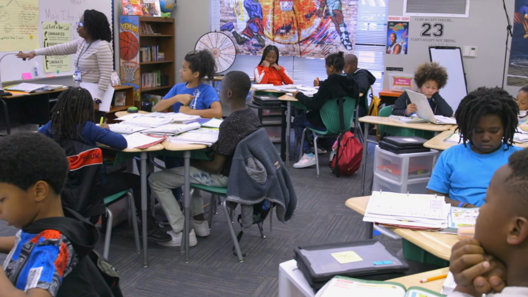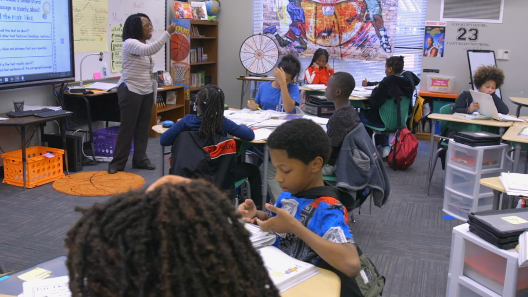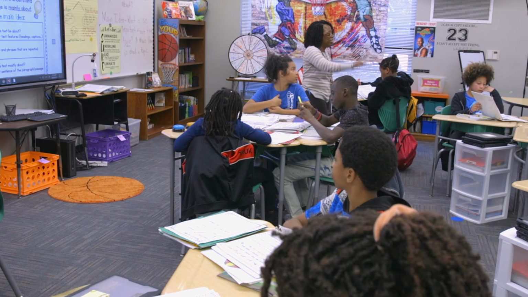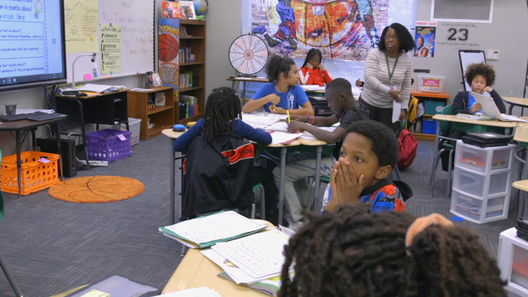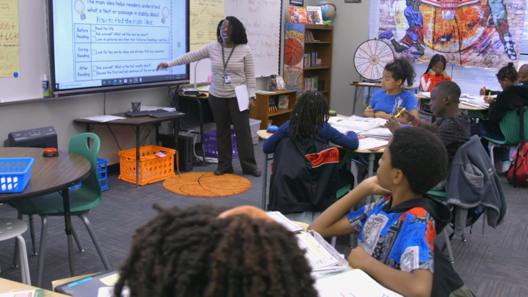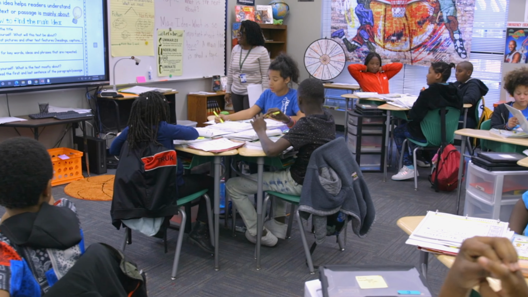Good. Then they also told you how to find it, because sometimes it might not be there, so we have to keep reading. This is going to help you in AR, on your test, and in this lesson. Look for key words, ideas, and phrases that repeat. I see some of you highlighting.